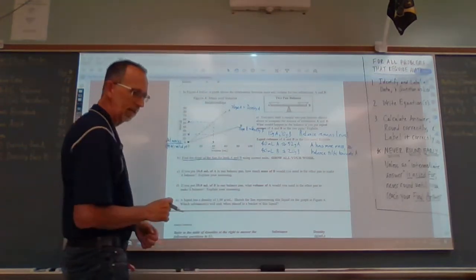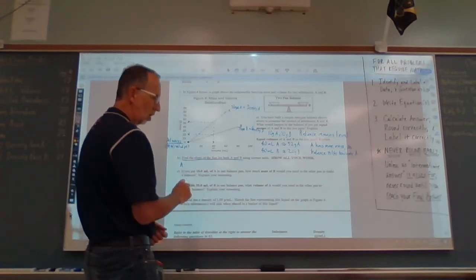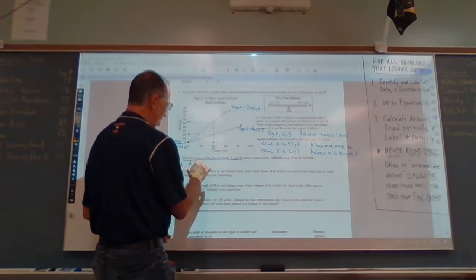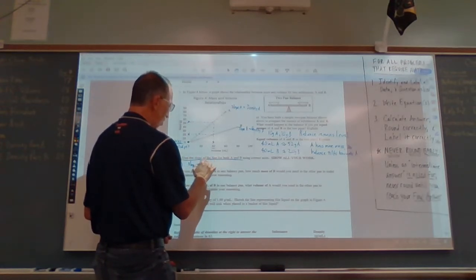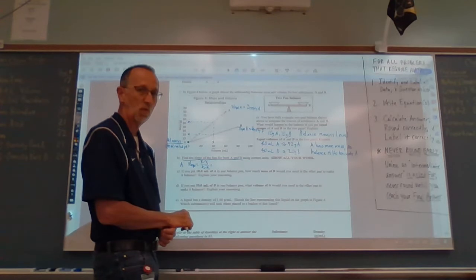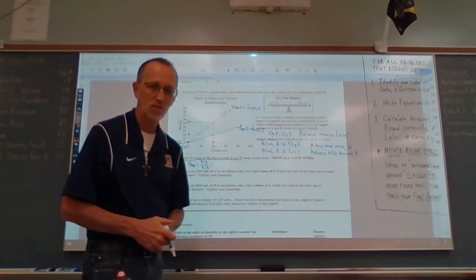So let's do A. The slope then is y2 minus y1 over x2 minus x1, but we'll just use 0, 0 as our first point, all right? And so basically we're just y2 over x2.